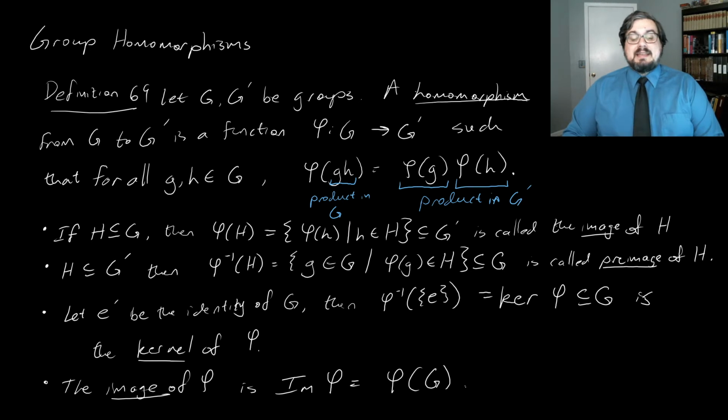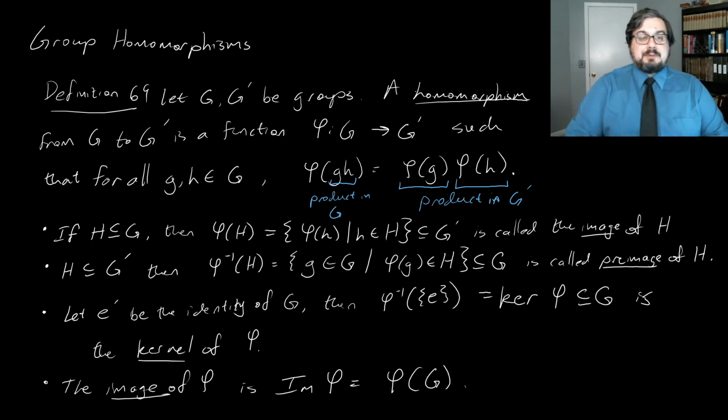The image of phi is just the set of all elements of G prime that come from elements of G. So we've got these different ways that we can describe the sets connected to a homomorphism.